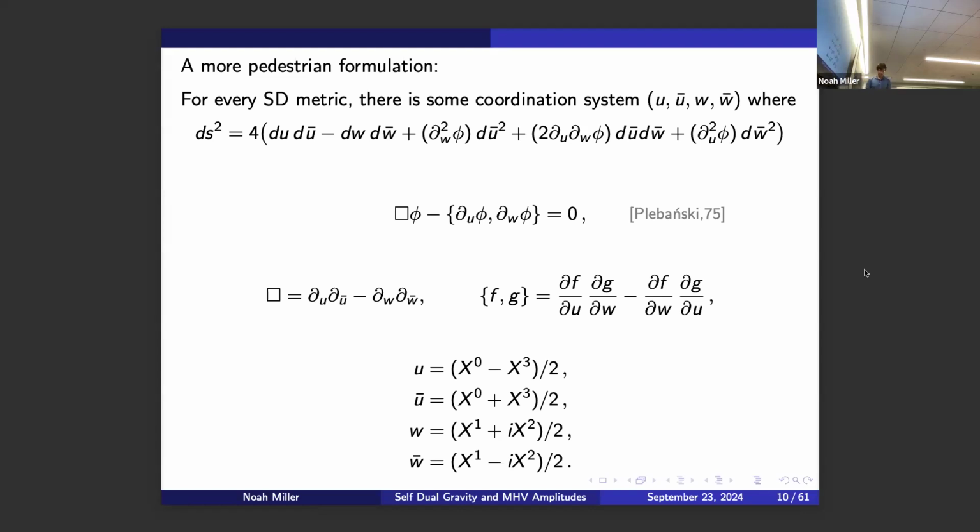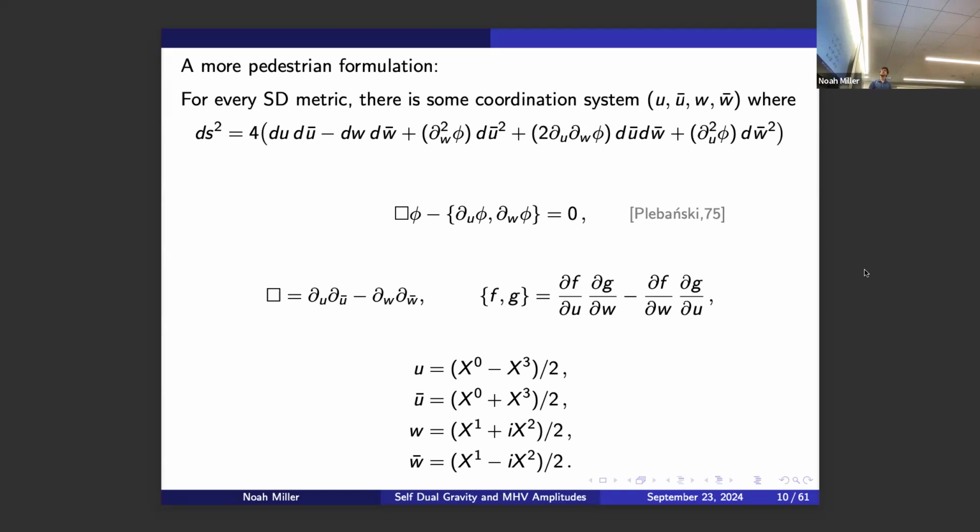So this is sort of a funny metric. A fact about self-dual spacetimes is that they're all Kähler manifolds, actually hyperkähler. Kähler manifolds are parameterized by a Kähler scalar, and you can think of this scalar phi as a close cousin of the Kähler scalar, a little different.